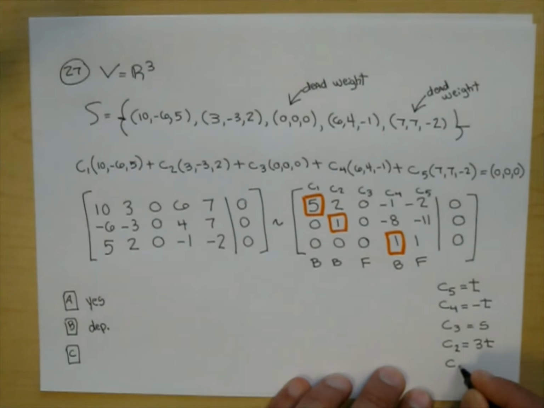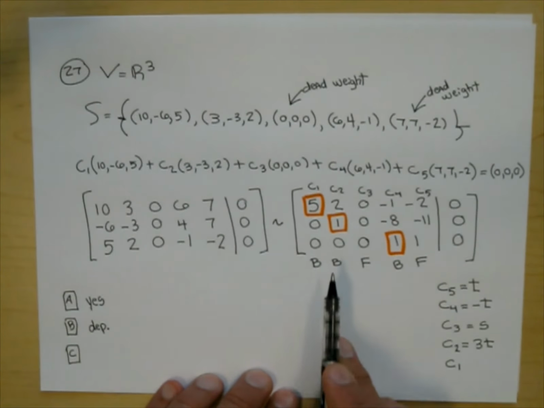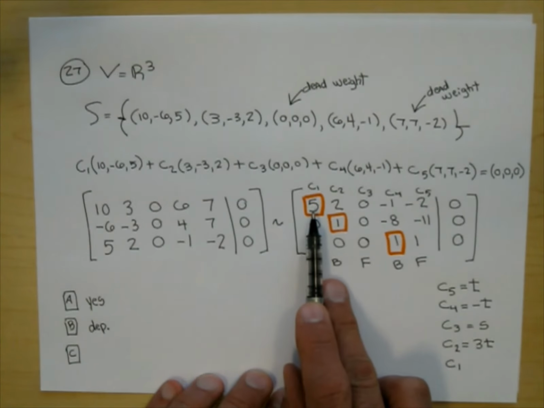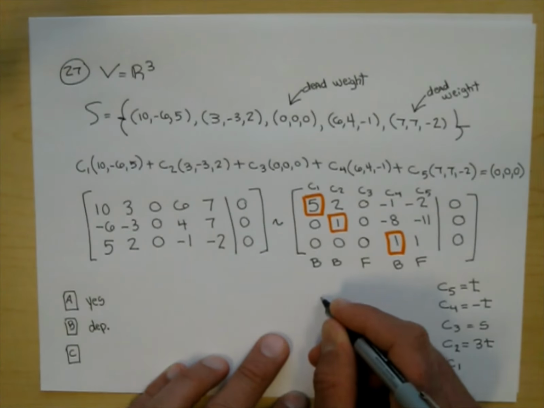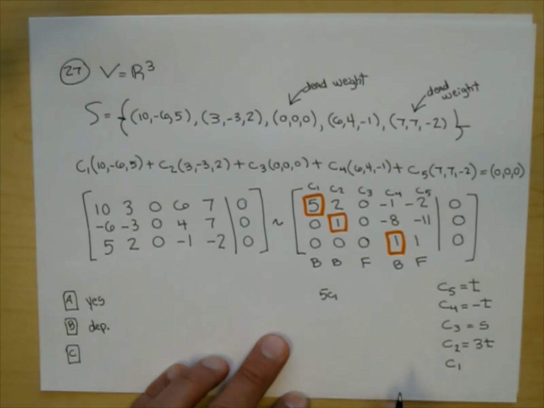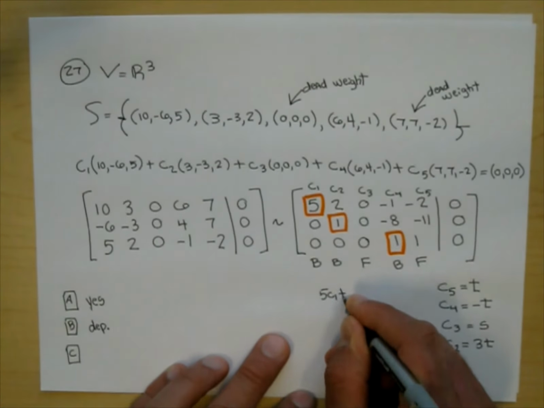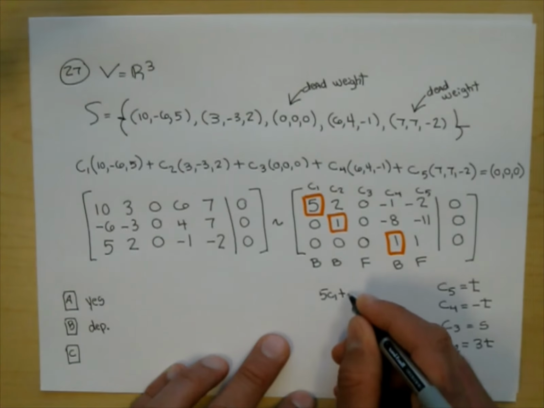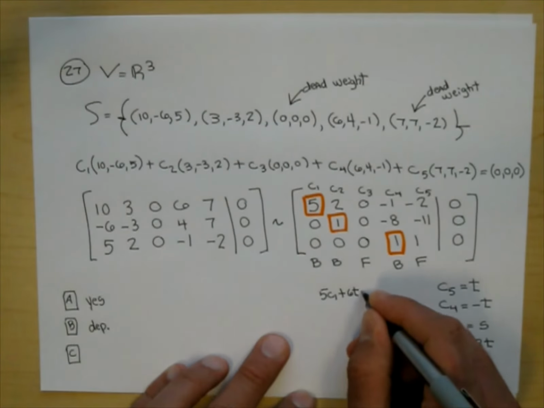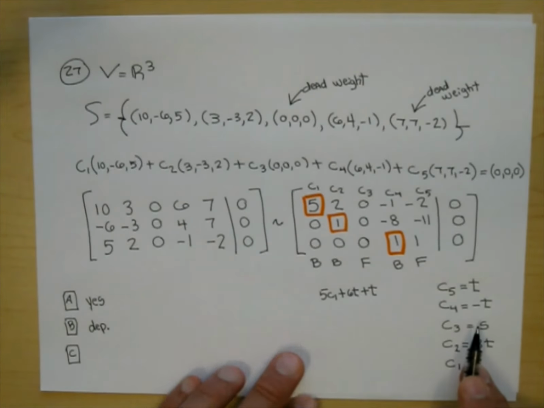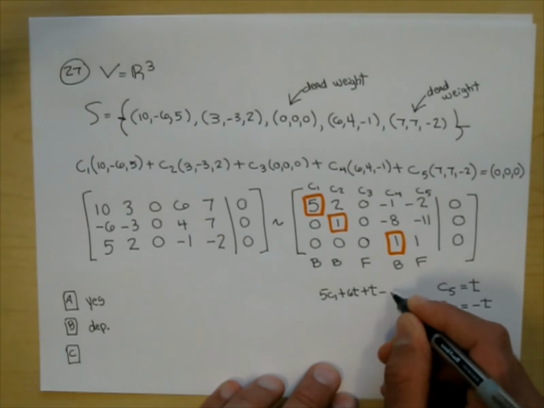And C1, what is it going to be? I'm going to see here. I have 5C1, so I actually can't do this one in my head. I'm double checking the other one. Yeah, okay, so plus 2C2, so that's going to be plus 6T, minus C4, so that's going to be plus T, and then minus 2C5, so that's minus 2T.